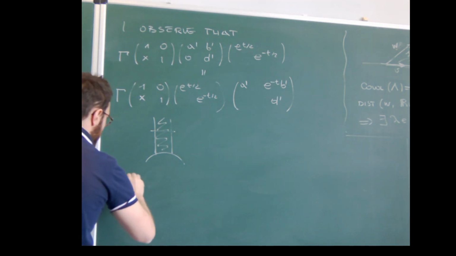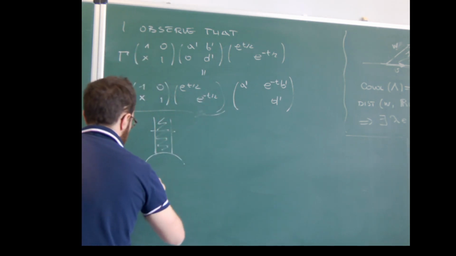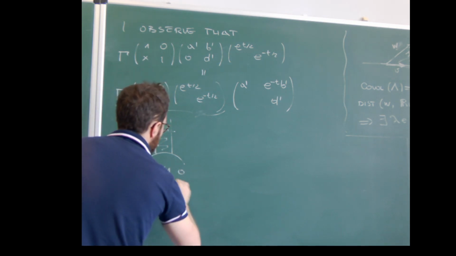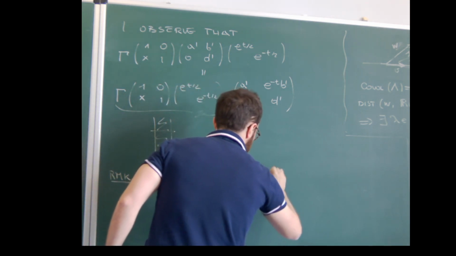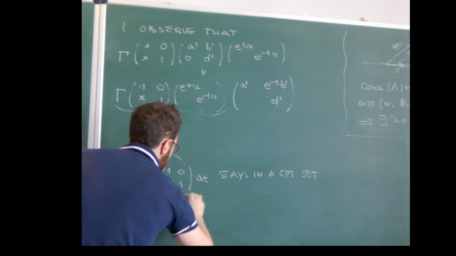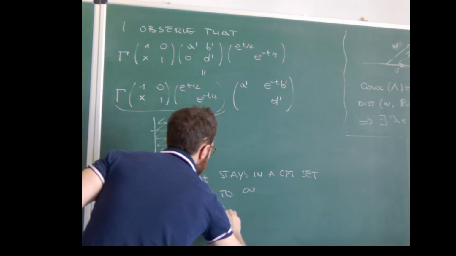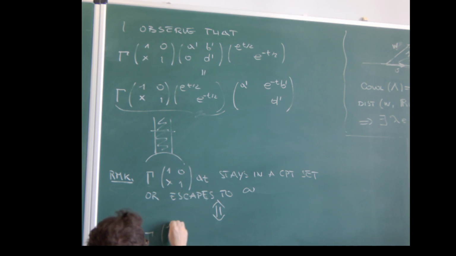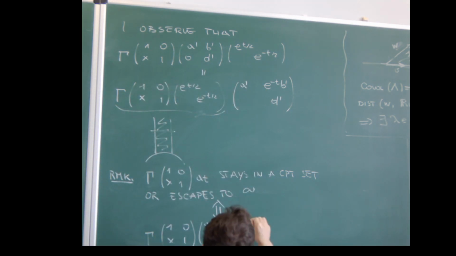So remark: gamma (1, 0; x, 1) a_t stays in a compact set or escapes to infinity if and only if the initial element, gamma (1, 0; x, 1) (a', b'; 0, d') (e^{t/2}, e^{-t/2}), does the same.